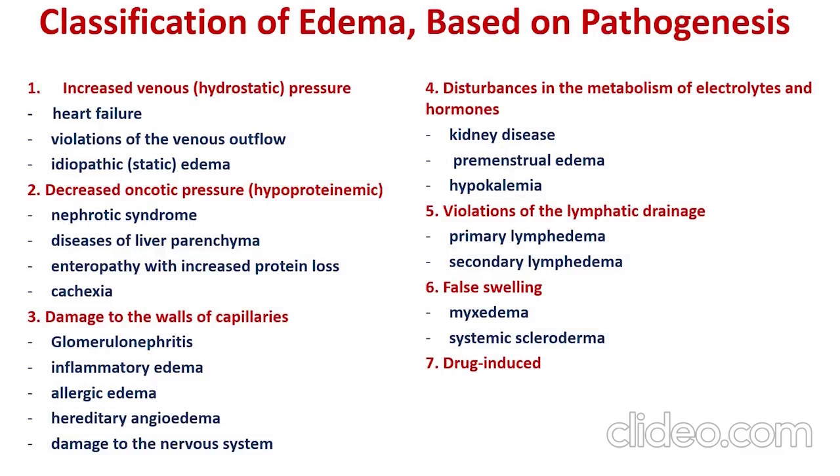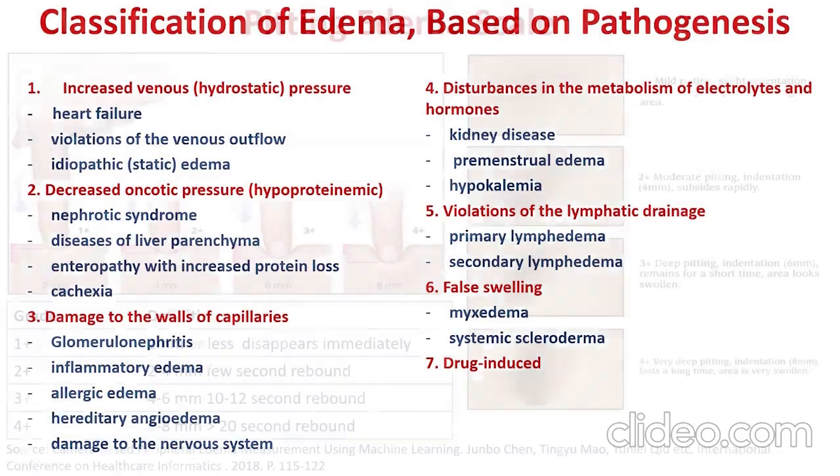Disturbance in metabolism of electrolytes and hormones is possible in diseases like kidney diseases, premenstrual edema, hypokalemia. Violations of lymphatic drainage may be primary and secondary. We will speak about it later. False swelling is mixed edema or, for example, systemic scleroderma. It is not edema, but swelling because of other causes. And drug-induced edema is because of side effects of medications.